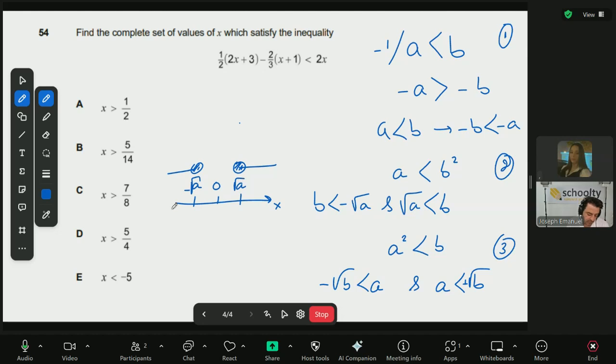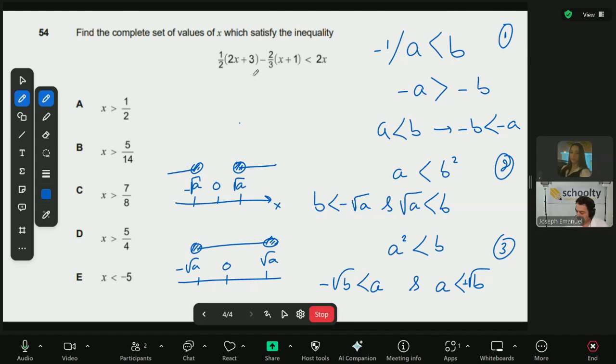So bigger than the positive, bigger than the negative, so it's like smaller than the negative. And this one here, if this is square root of A and minus square root of A, you want smaller. So you get this side inside, not outside. I think this is the most important thing to remember when you solve inequalities.